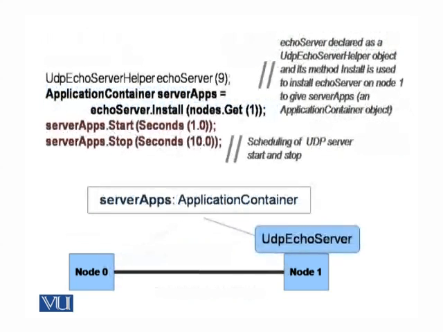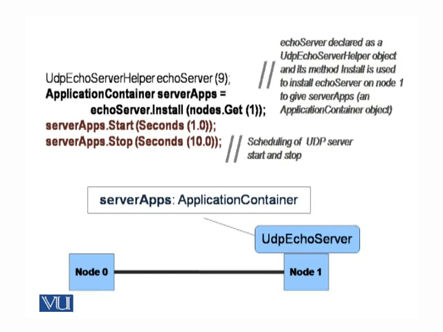Further on, we can now talk about the application, because at the end, we need a UDP client application and we need a UDP server application. And then we need to schedule events. So if you see on this slide, we have the echo server helper, and we are defining an object echo server, giving it an attribute of 9, that it is going to listen on port 9.